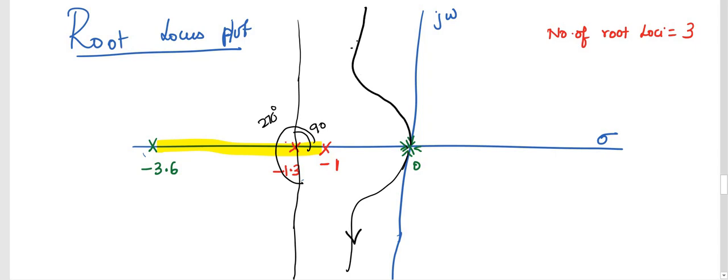So these are the two root loci, 0 to infinity and 0 to infinity. And here is another root locus from the pole to the open loop 0. So there are three root loci. This is the root locus plot. Thank you. Next I am going to explain using MATLAB.